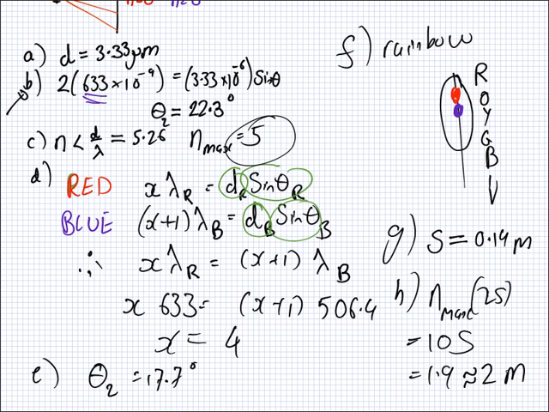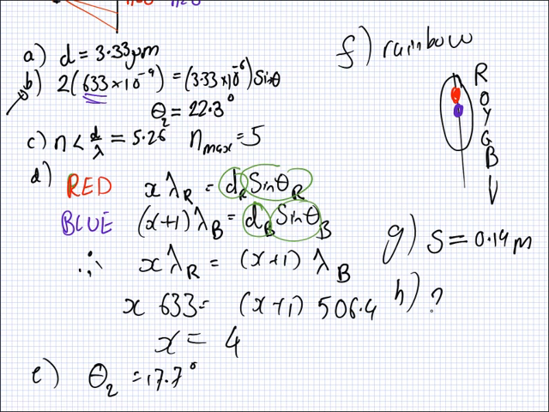Okay, well you can think about it like this. It's 2 times N max times S, which is 1.9. Won't the fringes be 5 on that side and 5 on that side? Yeah, 5 times 2, 10 times S.